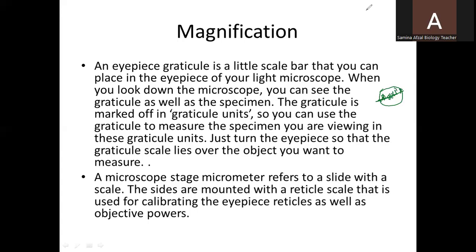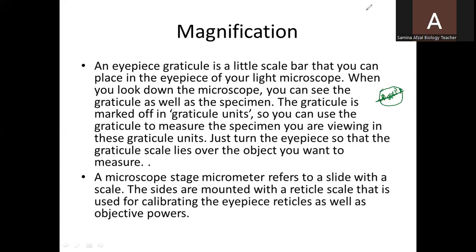The reticule is marked off in reticule units. So you can use the reticule to measure the specimen you are viewing in these reticule units. Just turn the eyepiece so that the reticule scale lies over the object you want to measure.